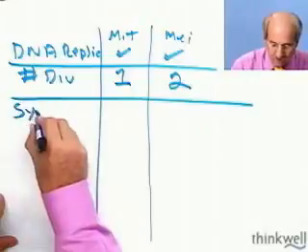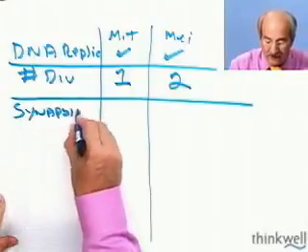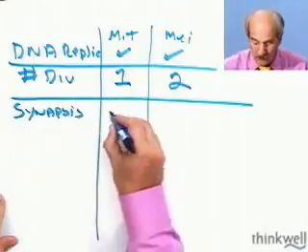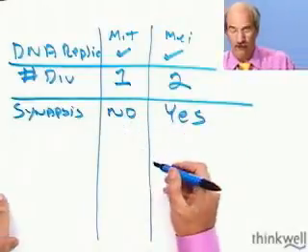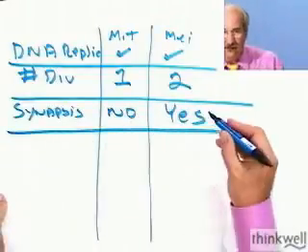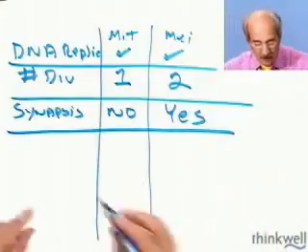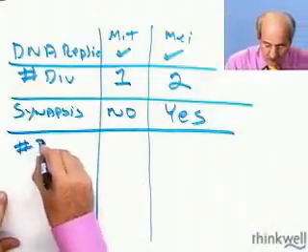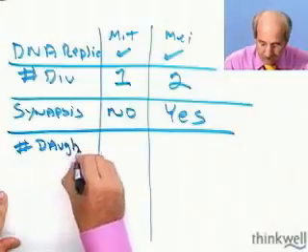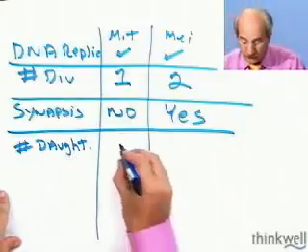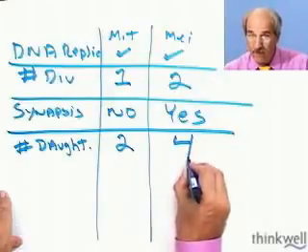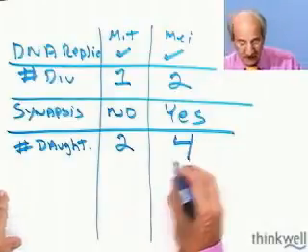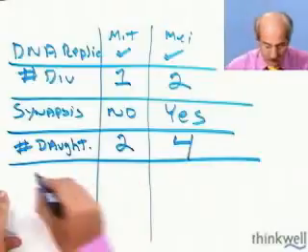Synapsis, the moving of homologous pairs together. Mitosis, no. Meiosis, you bet. Yes. Okay. The number of daughter cells. Mitosis, 2. Meiosis, 4. But what about the chromosome number?